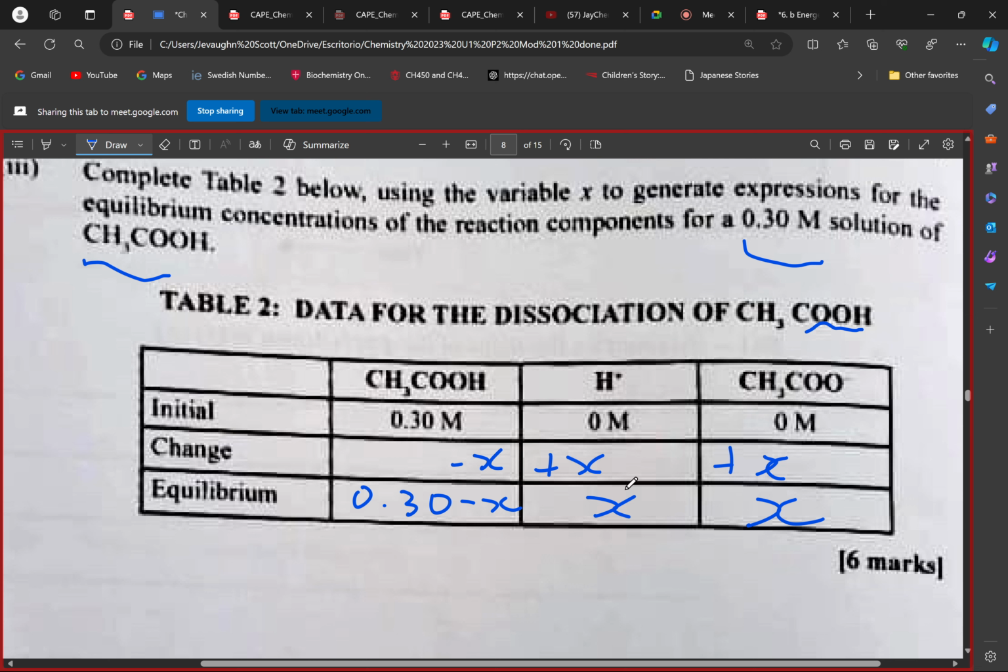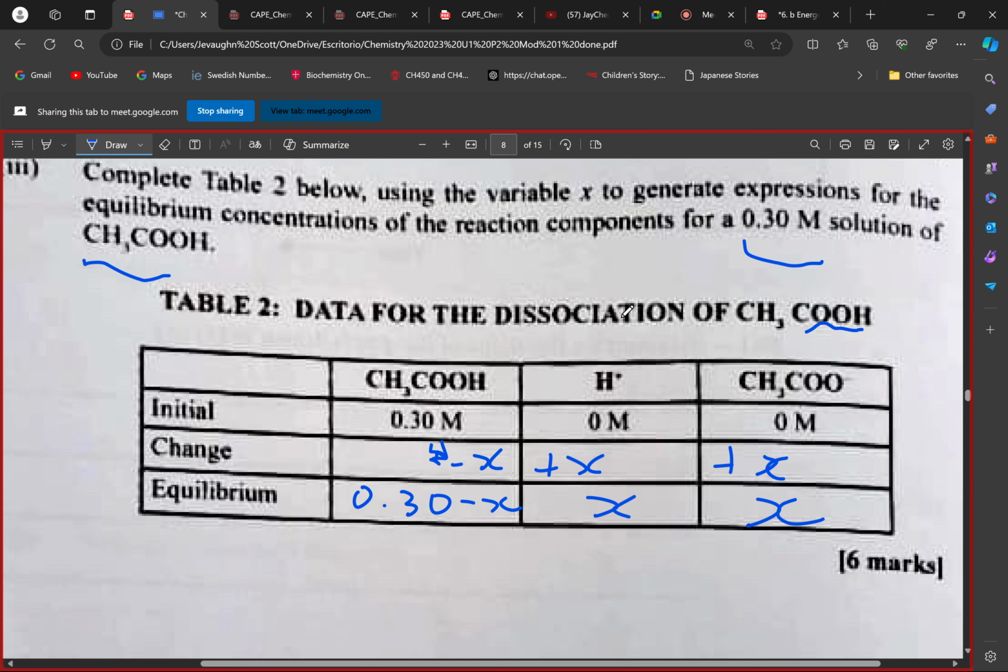And then at the end of the equilibrium, the products themselves must have the same concentration, because that is one of the things we use to define a dynamic equilibrium. So both product concentrations must be x, while the equilibrium concentration for the acid will just be our initial concentration minus the x that we have there.